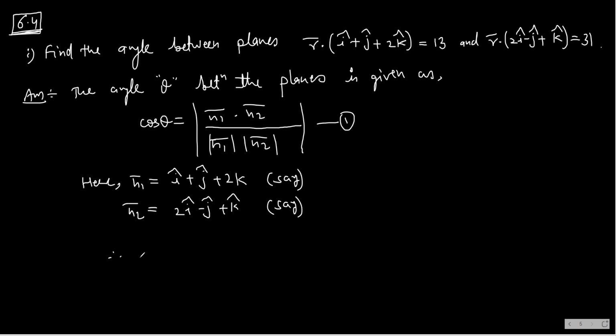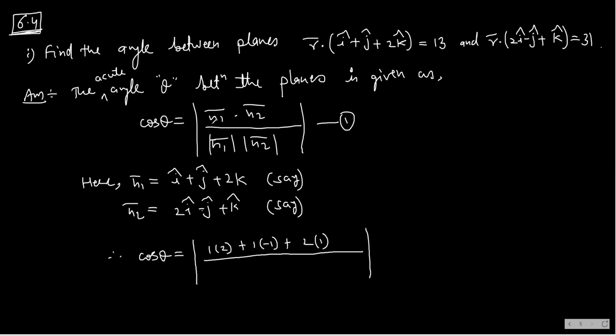Therefore, here I will write the acute angle theta. So, cos theta is N1 bar dot N2 bar, that is, 1 into 2 plus 1 into minus 1 plus 2 into 1.